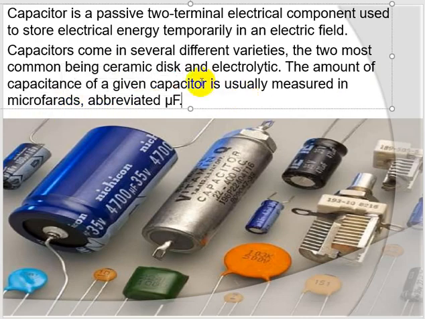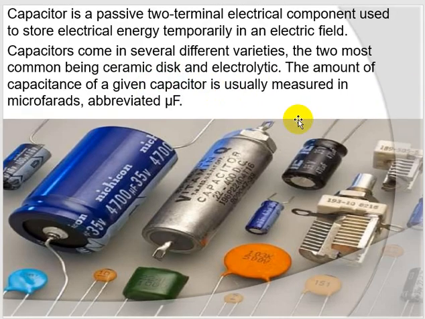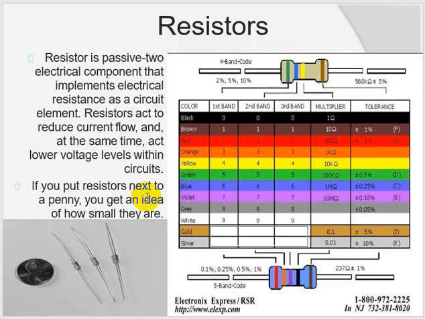The amount of capacitance of a given capacitor is usually measured in microfarads, abbreviated as µF. Here you can see different types of capacitors as well.